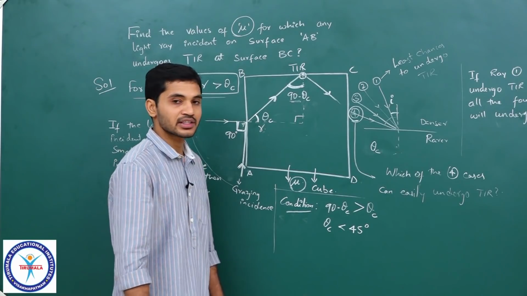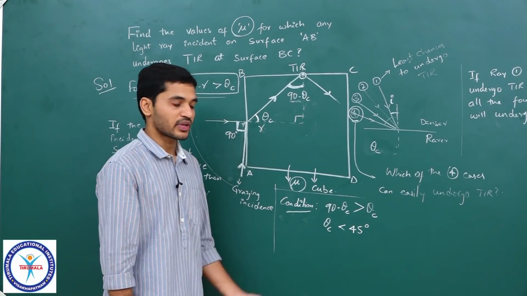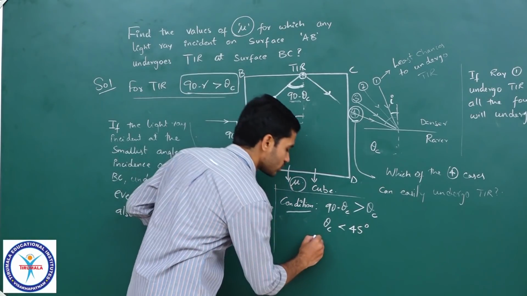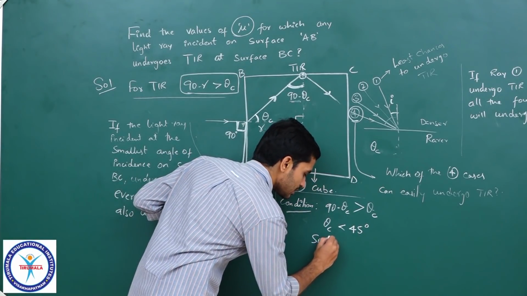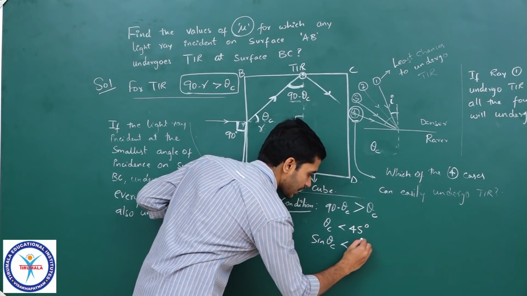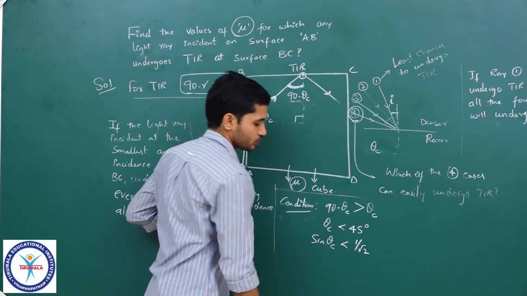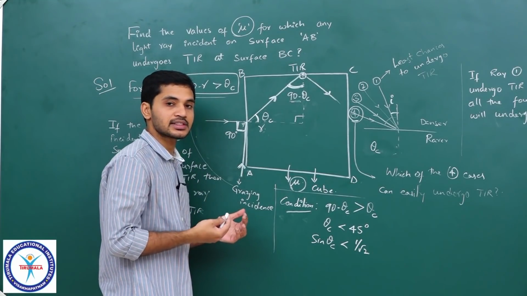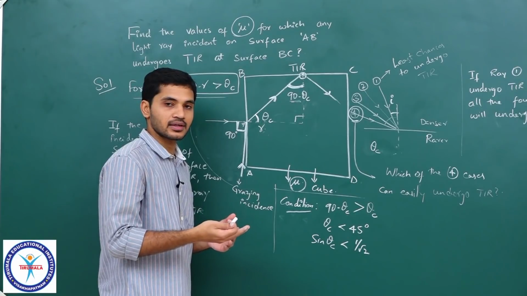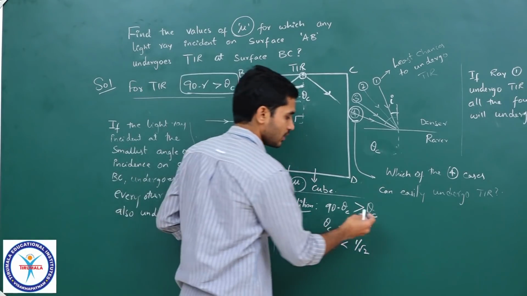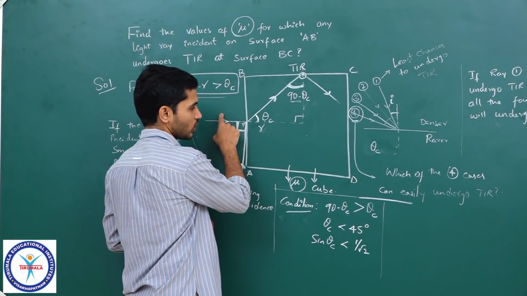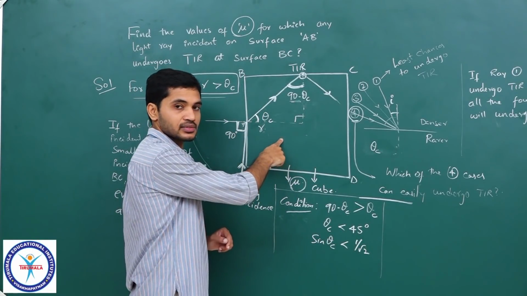And you all know how to write the value of theta c. If I take sine on both sides, I will get sine theta c should be lesser than 1 by root 2. And how do we write the value of sine theta c? Sine theta c is nothing but mu of rarer by mu of denser, and if I simplify that, mu of rarer is 1, mu of denser is mu.